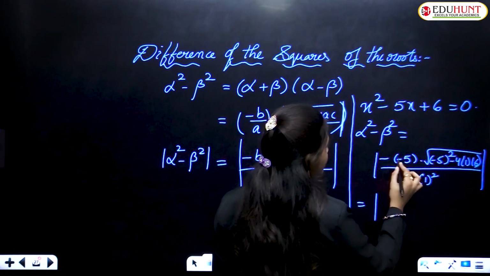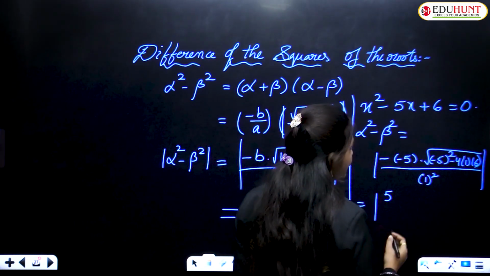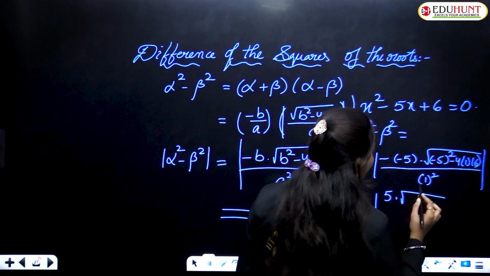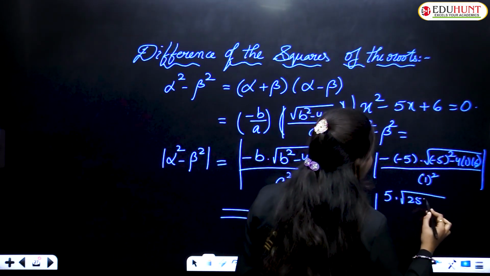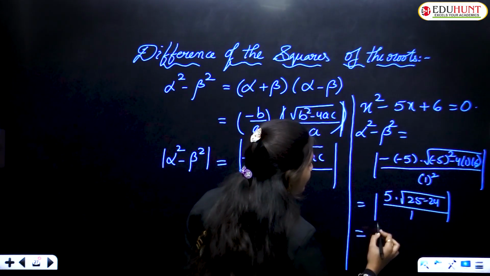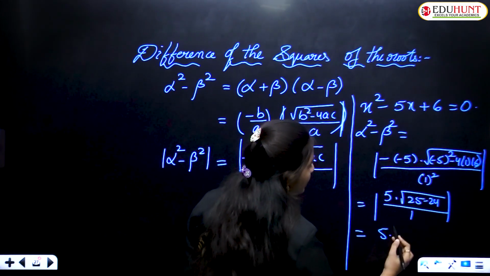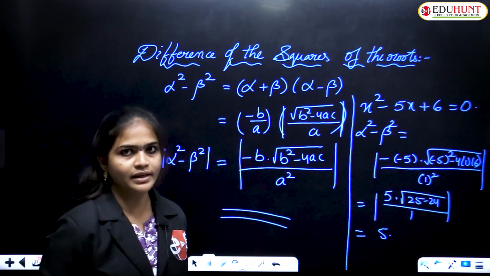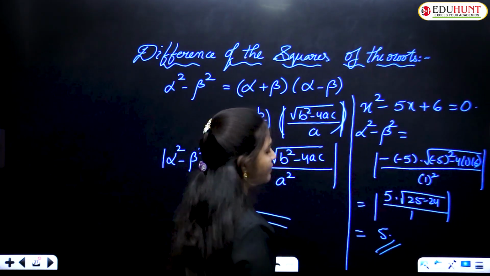That equals modulus of minus into minus is plus 5 into square root of 25 minus 24, whole by 1, which is 5 into 1 by 1. So again we will get 5.